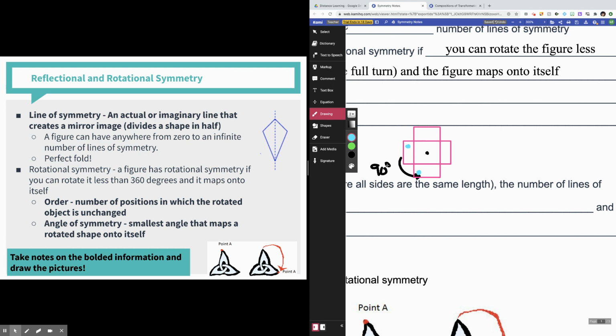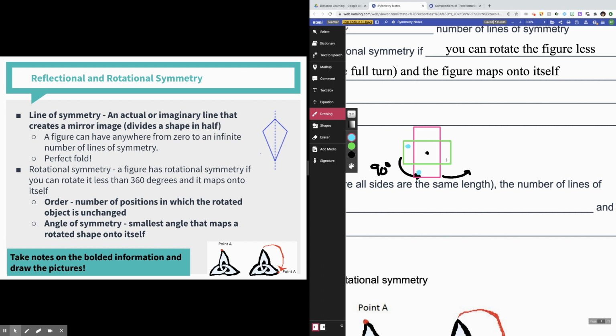Okay, but if I take it and rotate it one more time, and I'm going to change the color of this one so that it's different, now it's mapped on top of itself, but that blue dot is not up in this corner.